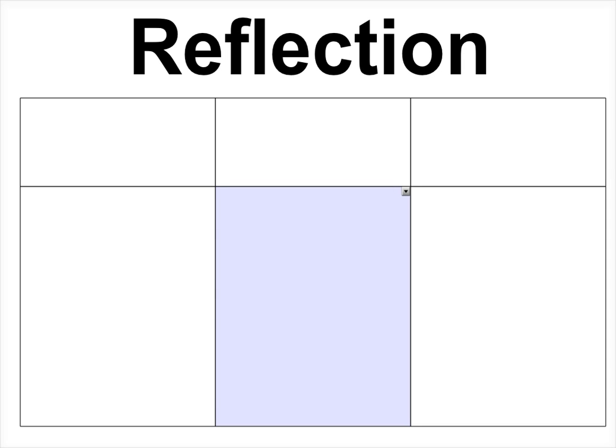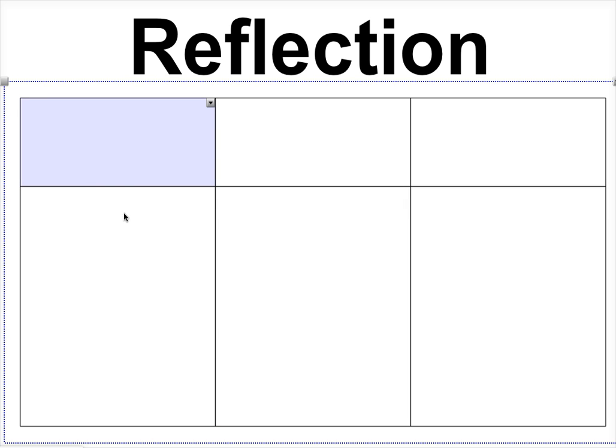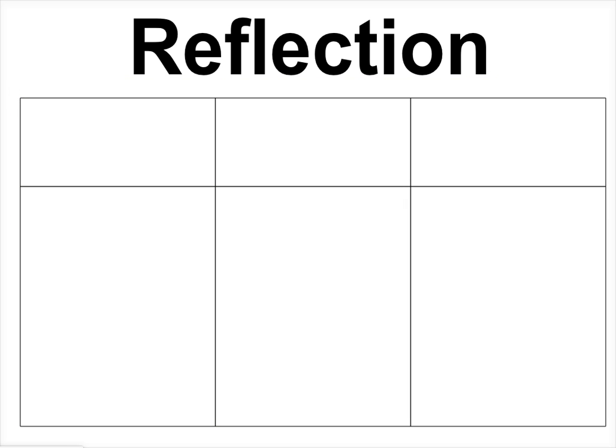Okay, first we're going to take a look at reflections. So find the area of your note sheet that says reflection. Okay, so in our first box, we're going to talk about the action.